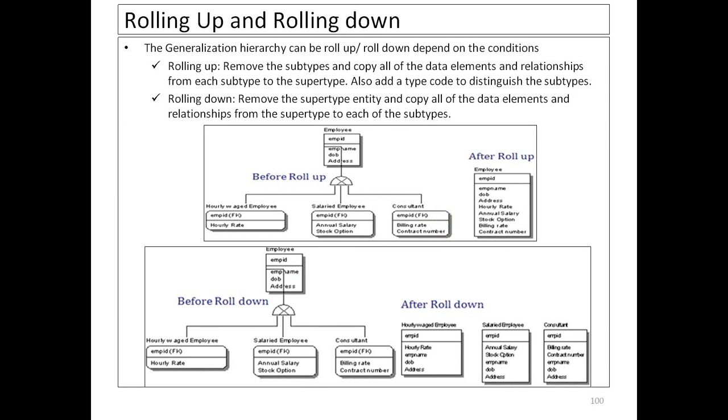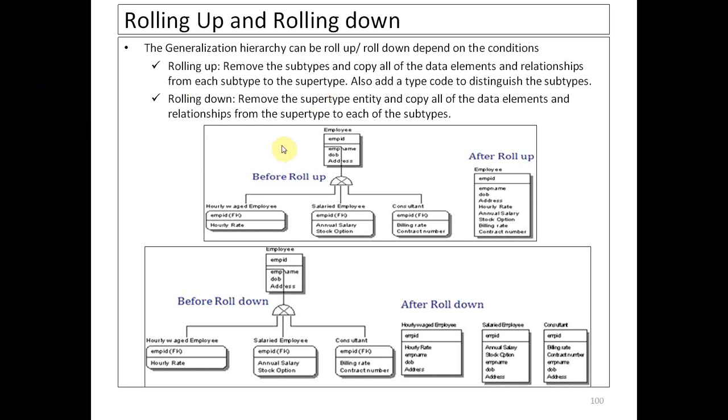Rolling up and rolling down. The generalization hierarchy can be rolled up or rolled down depending on the following conditions. Rolling up means removing the subtypes and copying all the data elements and relationships from each subtype into the supertype. And one needs to also add a type code to distinguish the subtypes.